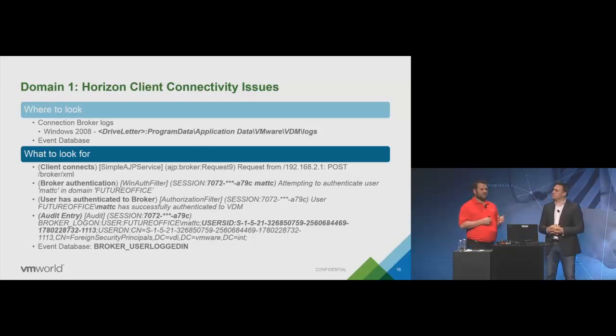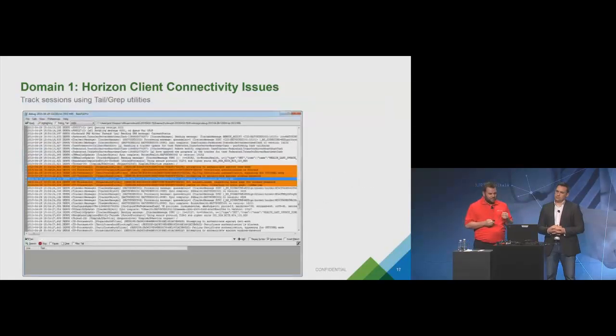This is a key identifier to be able to follow a session as it goes through the process on the connection broker. This is a screenshot of a video we're going to show you on the next slide, but I wanted to highlight, when we're using a tool, you can see the line with the session that I've highlighted.